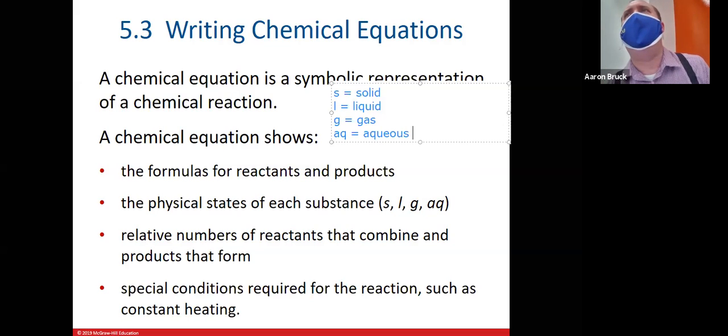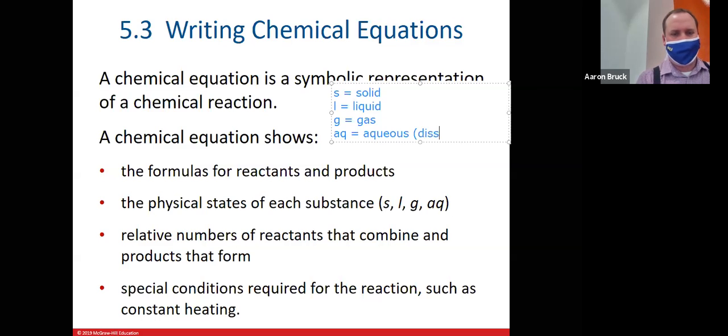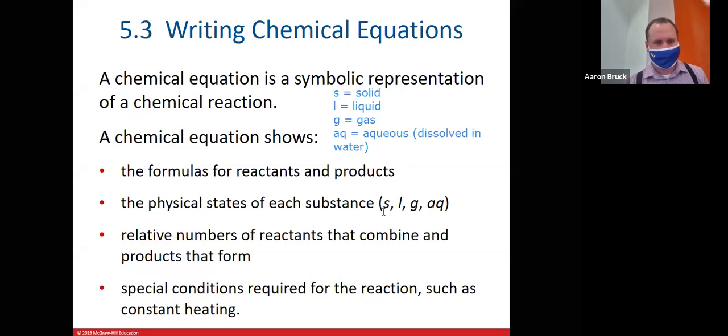I'm sorry? Dissolved in water, that's right. So a chemical equation shows us the reactants, the products, and their phases of matter.